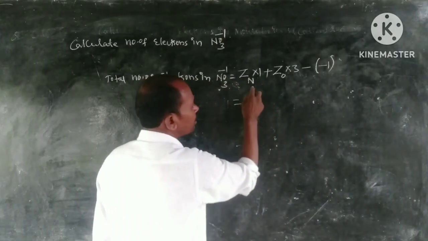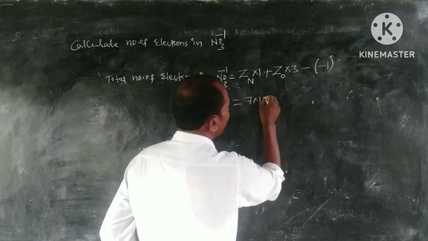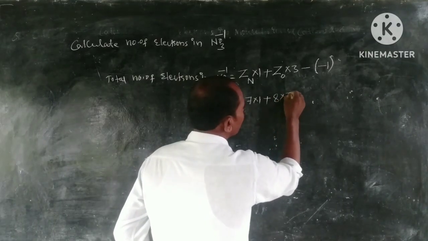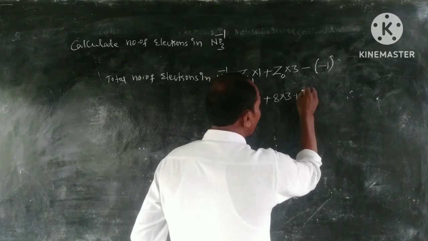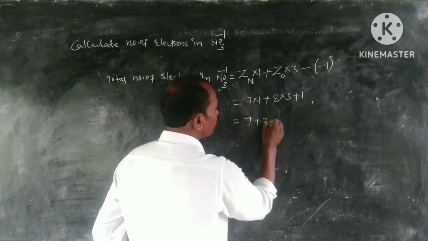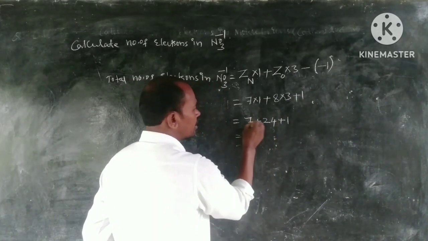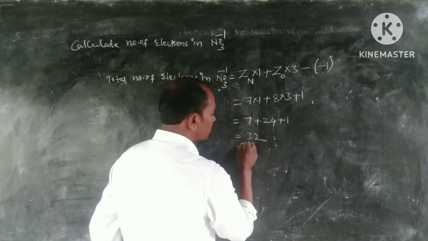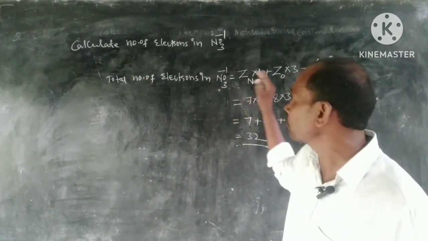So that is equal to 7 into 1 plus 8 into 3, minus into minus, plus 1. That is 7 plus 24, 31, plus 1, 32. So these are the total number of electrons present in NO3 minus 1.